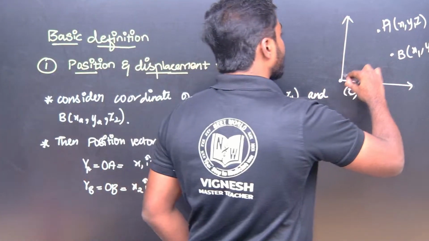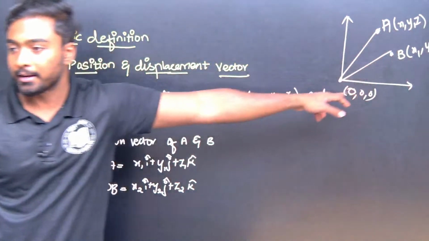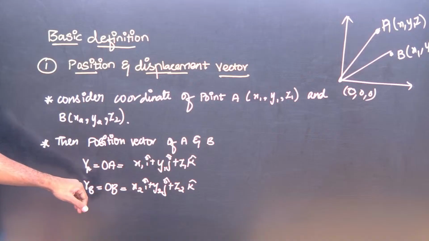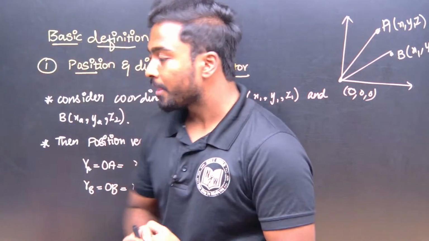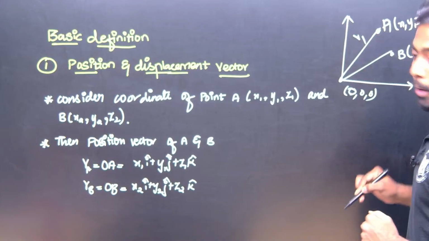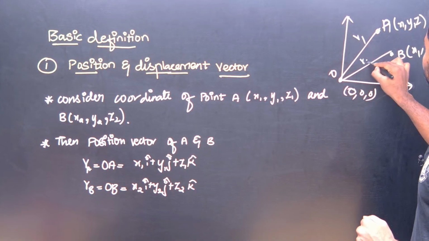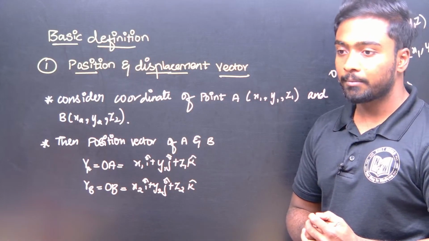So this is the first position of a particle and this is the second position of a particle. Position we will define as small r, and displacement is nothing but change in position. Position r1 is nothing but OA, r2 is nothing but OB, with respect to the origin.